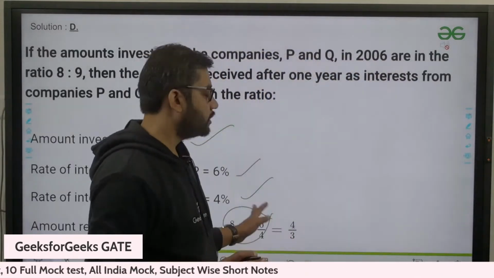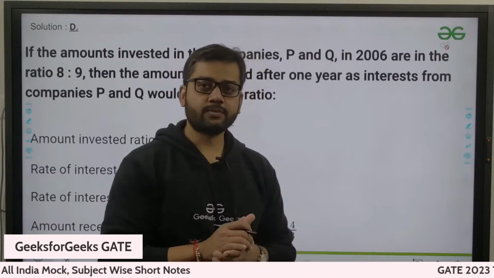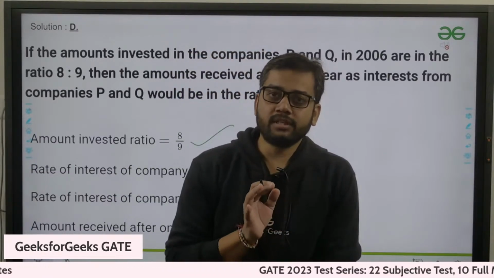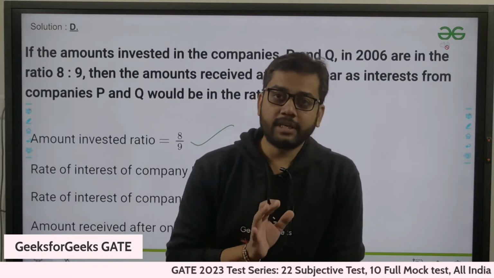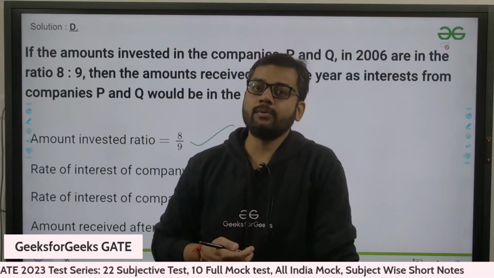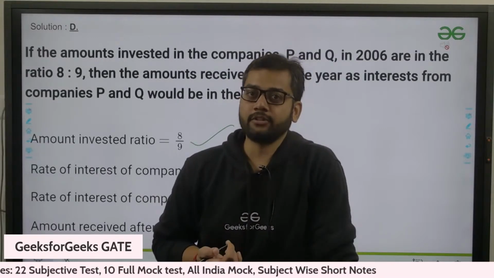I'm giving you a very normal idea. Suppose I took a loan from the bank, and the loan amount is 1 lakh rupees. The rate of interest is 25%. After 1 year, how much money do I have to give to the bank?